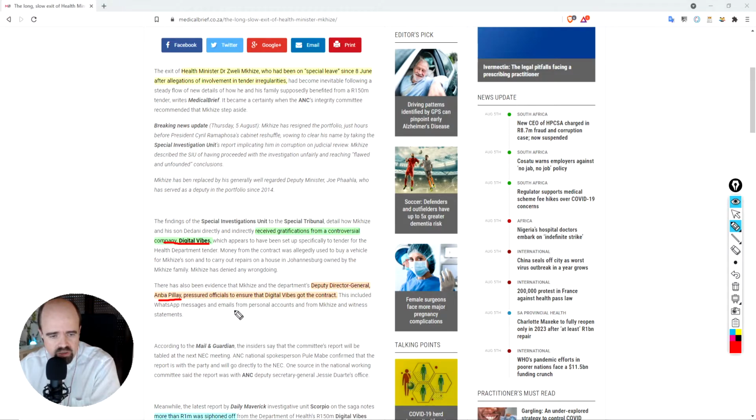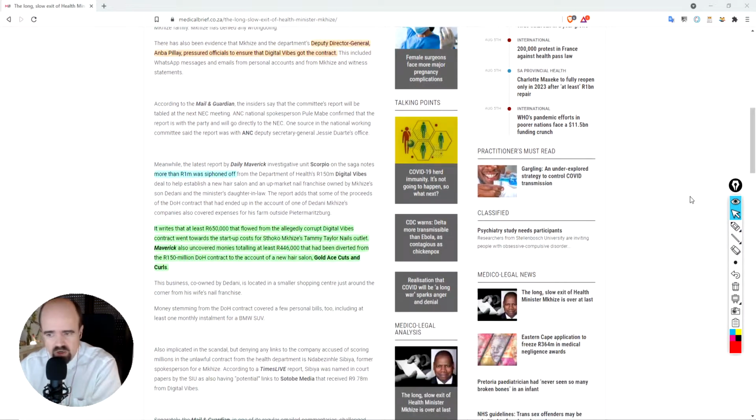Anban Pillay has also been involved in this controversy by pressurizing officials to ensure that Digital Vibes got the contract. And where corruption has a cost associated with it is because at least 650,000 rand flowed from the allegedly corrupt Digital Vibes contract towards startup costs for Tammy Taylor Nails Outlet.